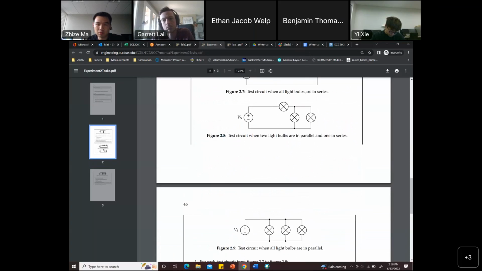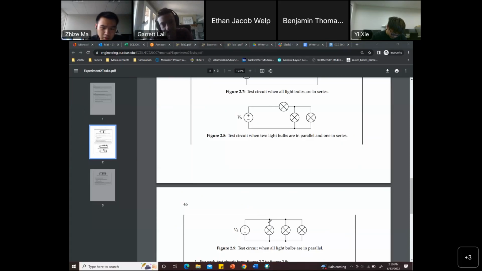They need to put their ammeter right before or right after their bulb. That's not a good drawing, but I think you know the idea.